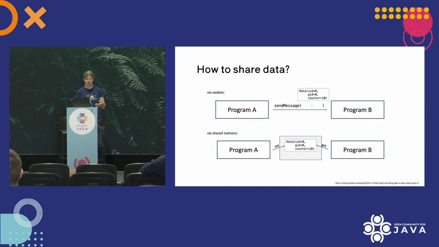Two typical approaches to sharing data: as you see on top, we send some messages around. It's pretty easy, we use sockets. The only problem is there's some overhead that we don't like, and this messaging back and forth is a pretty simple data structure, so we might want something more complex and also more performant.